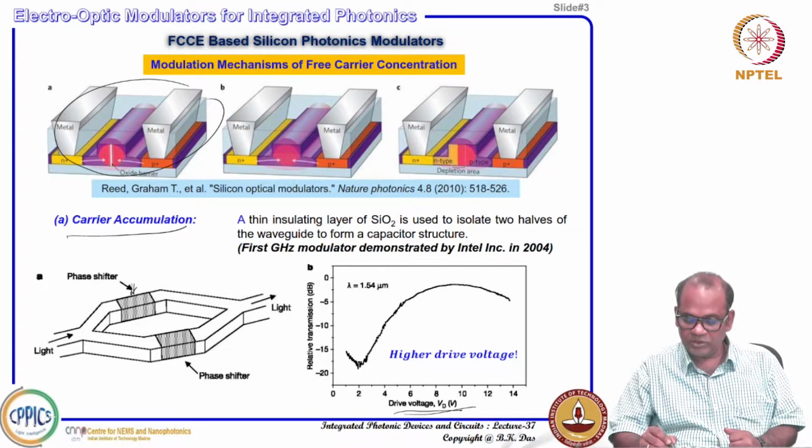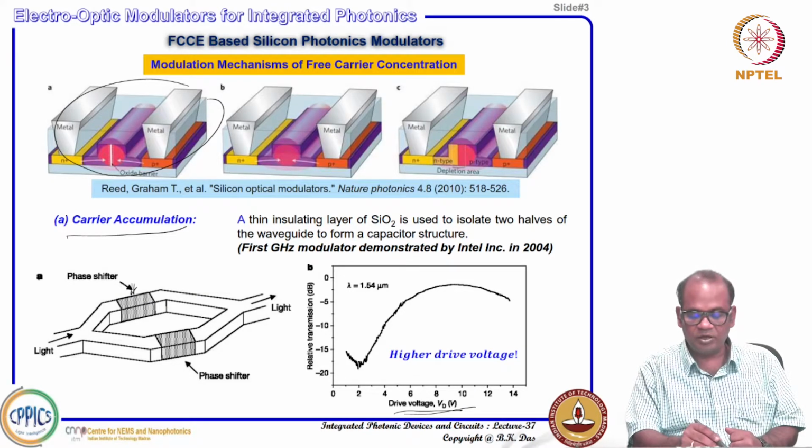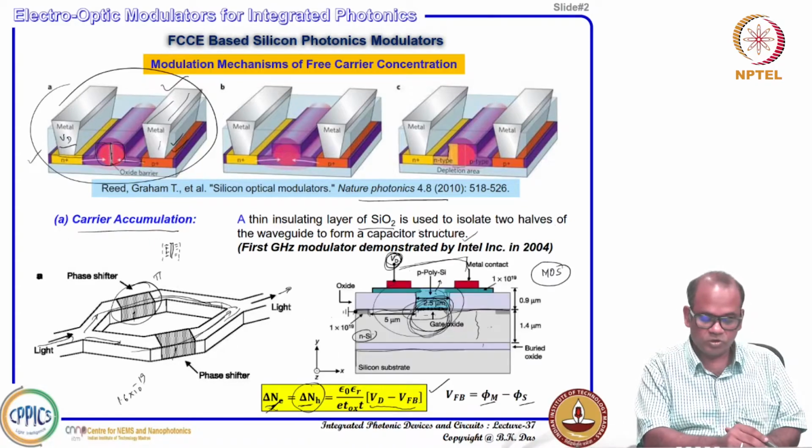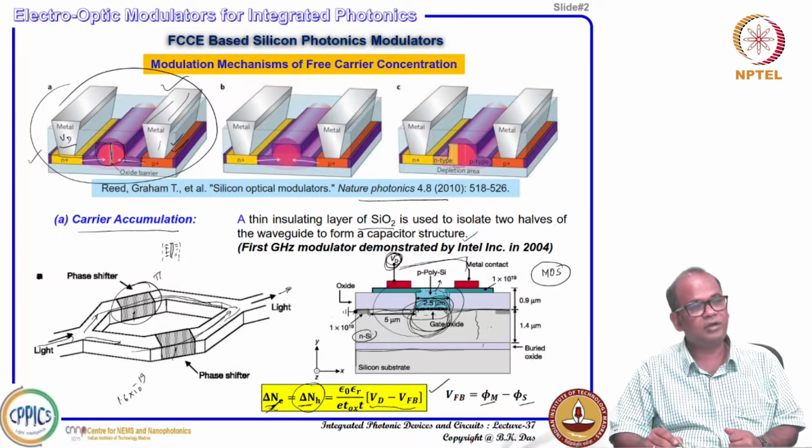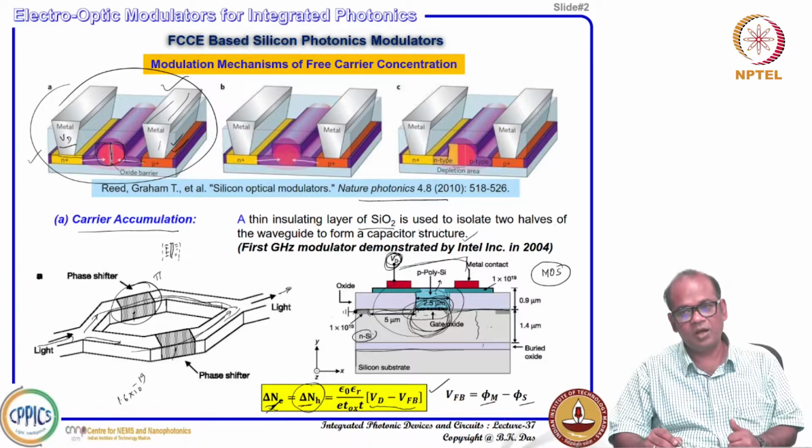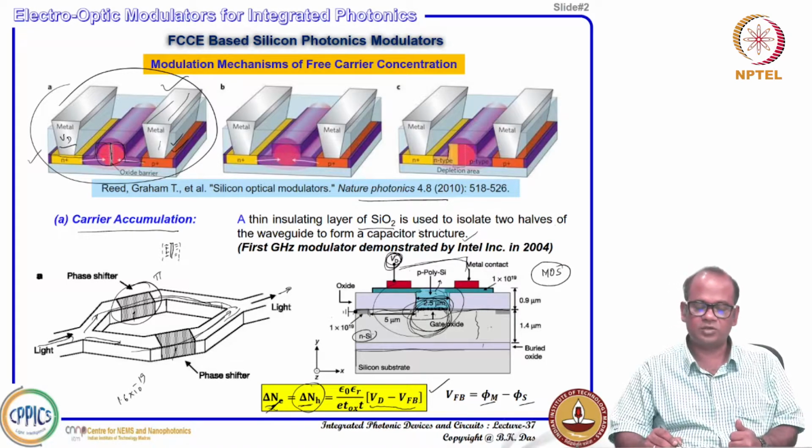So here, as you increase the drive voltage, because of some kind of imbalance, you expect that as a function of voltage it is almost proportional. The refractive index variation is proportional to the carrier concentration, and we have seen from the Drude model, Soref-Bennett model, and empirical model that the refractive index is more or less proportional to the carrier concentration.